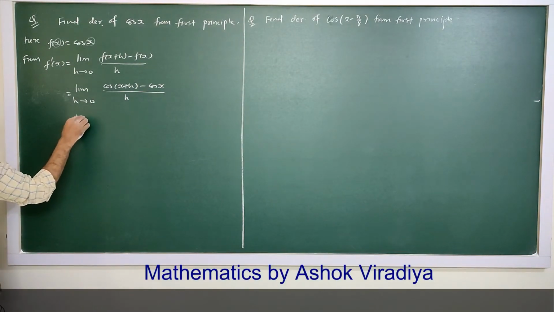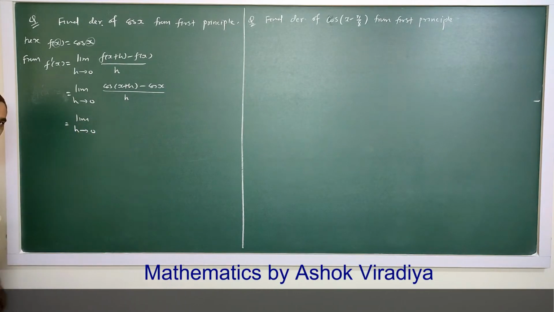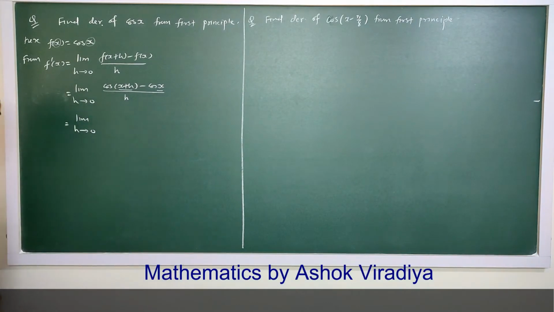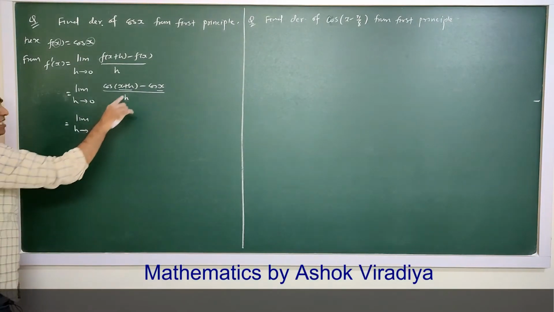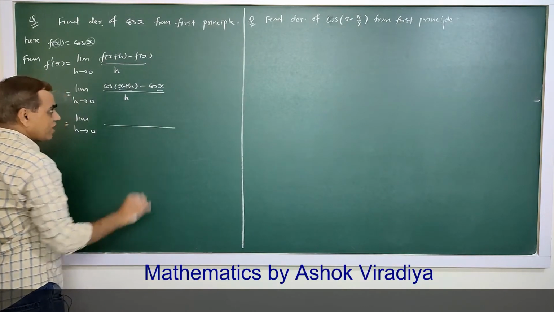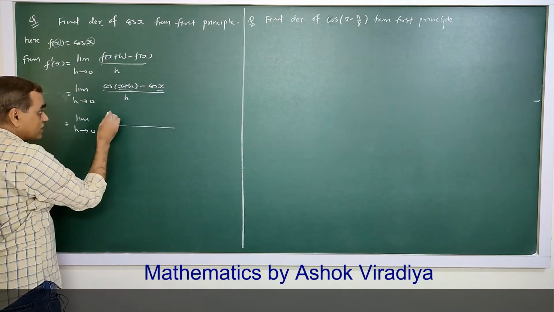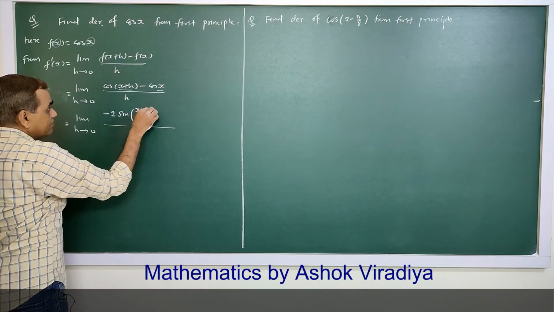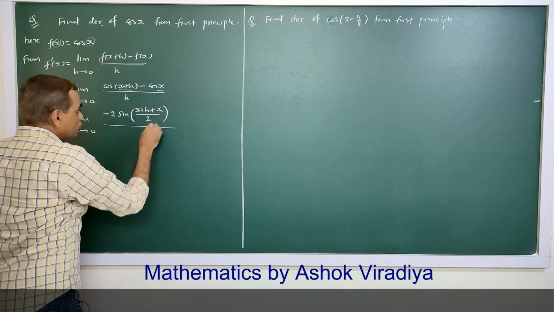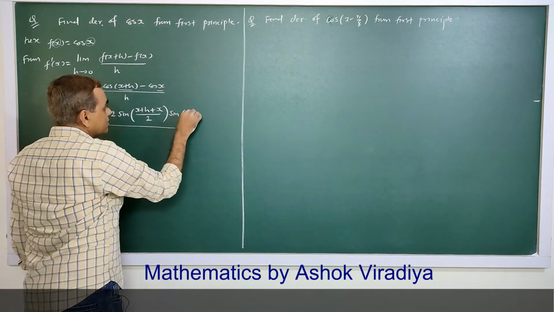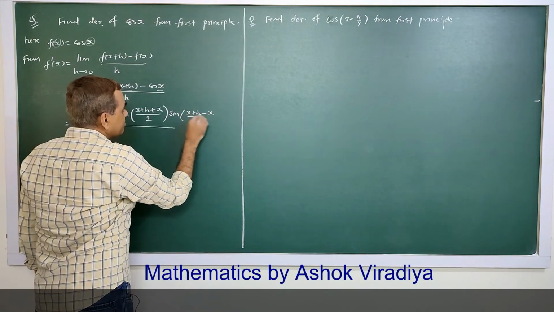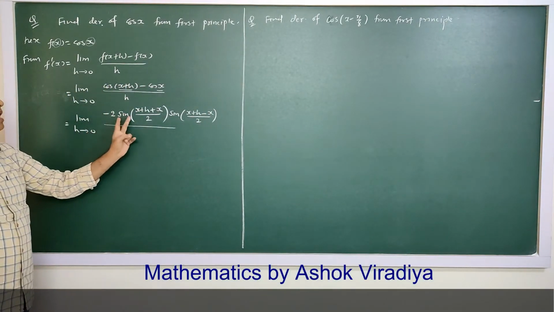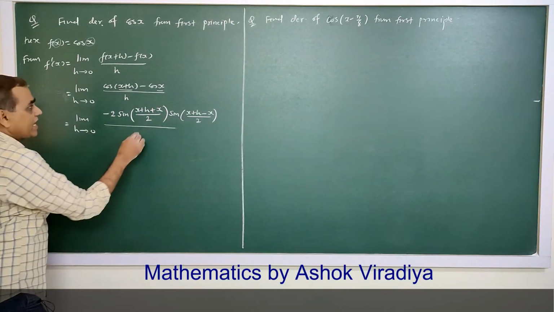So limit h tends to 0. Now cos c minus cos d, using a formula. Cos c minus cos d is minus 2 sin (c plus d) by 2 sin (c minus d) by 2, upon h.